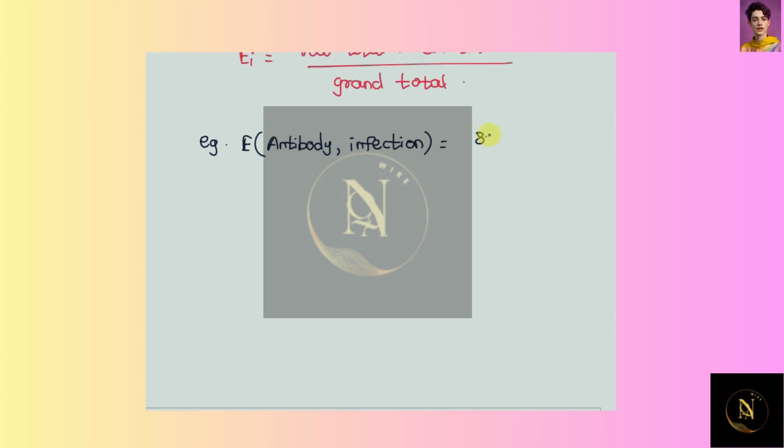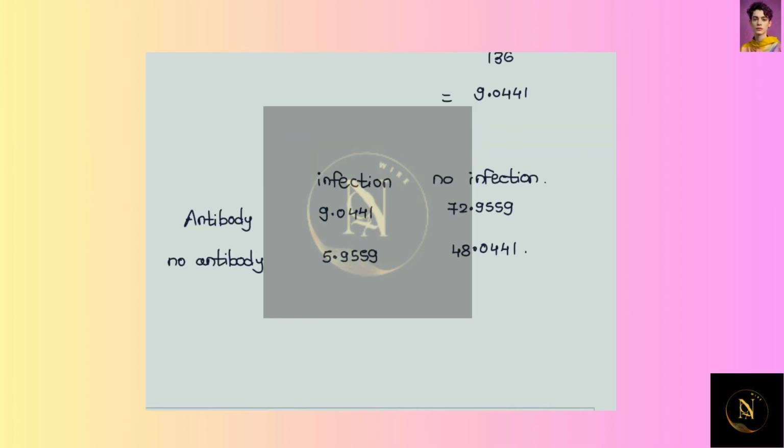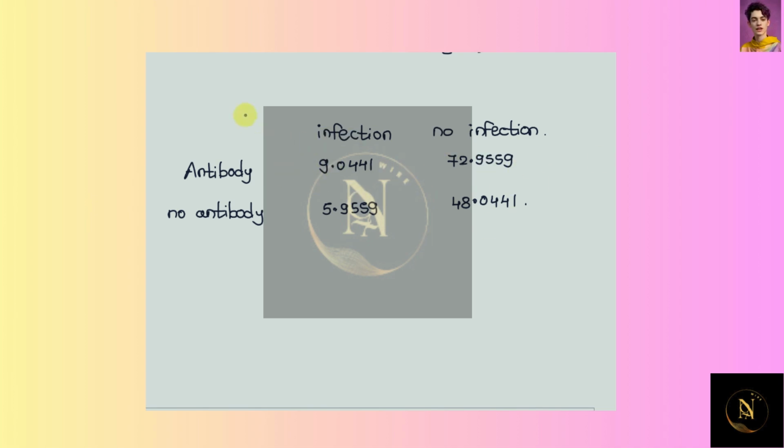So 82 times 15 divided by the grand total 136 gives an expected frequency of approximately 9.0441. Similarly, after calculating the remaining expected frequencies, we get this table of expected frequencies.